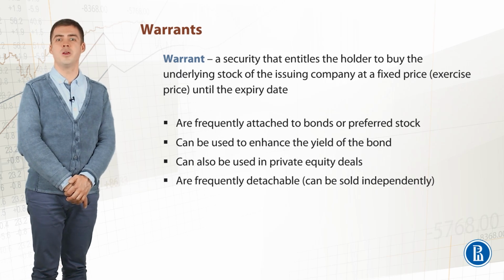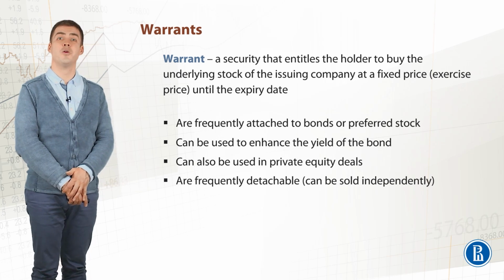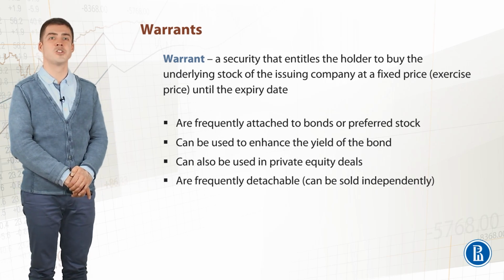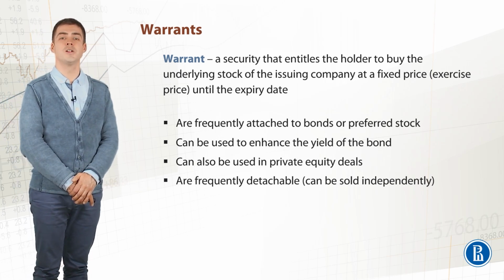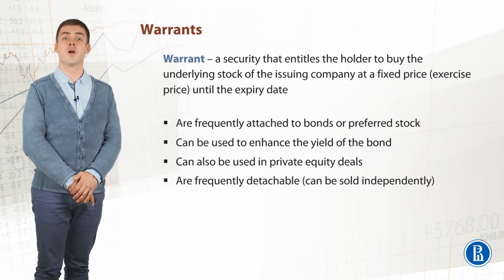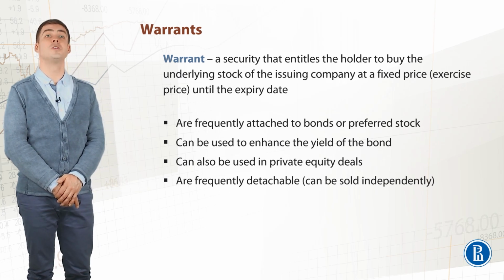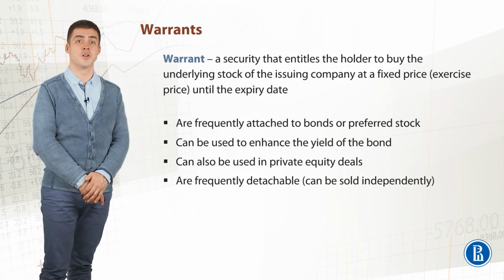They can also be used to enhance the yield of the bond and make these securities more attractive to potential investors. Warrants can also be used in private equity deals as well. Frequently, these warrants are detachable and can be sold independently of the bond or stock.